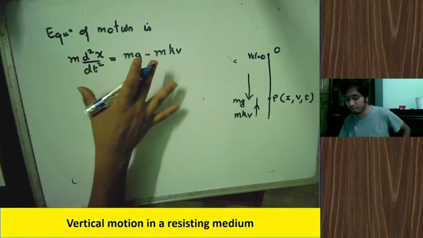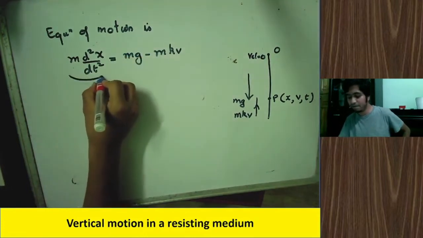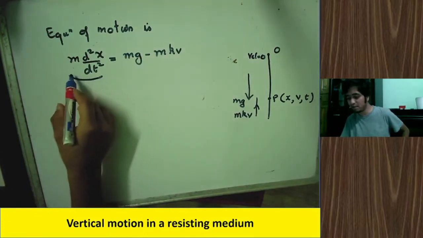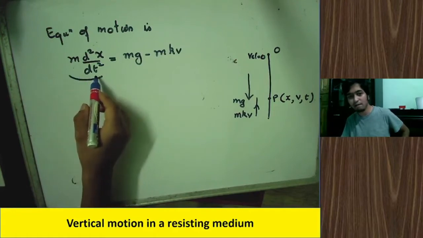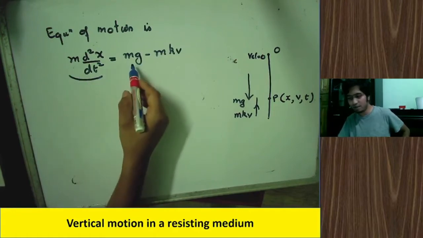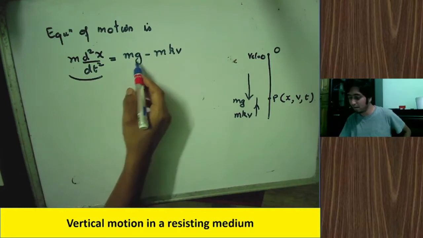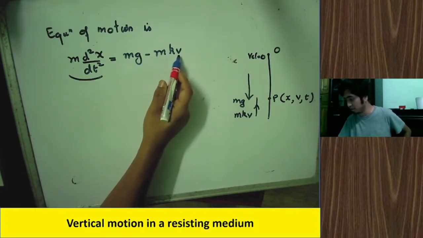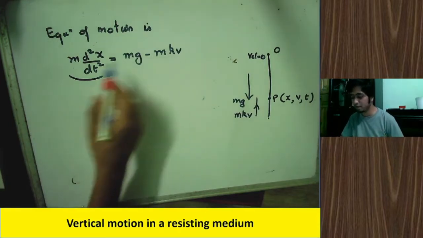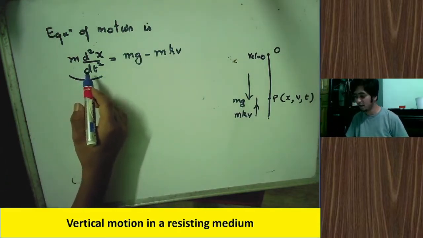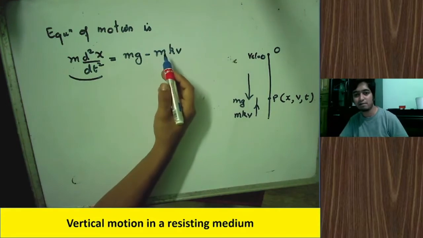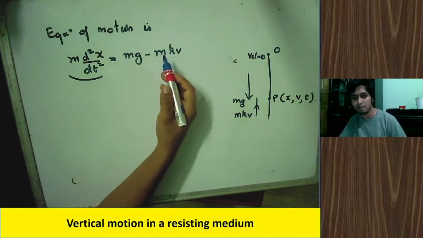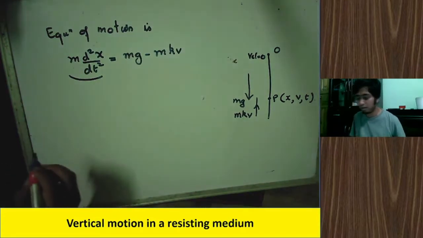The force experienced by the particle is equal to its weight minus the resistive force. I hope that is clear.